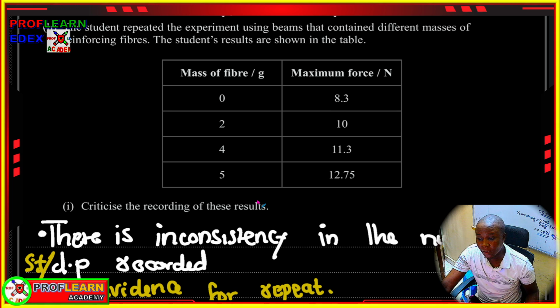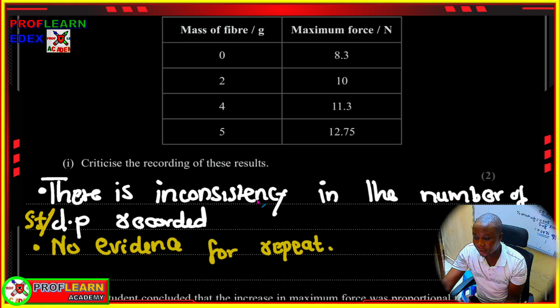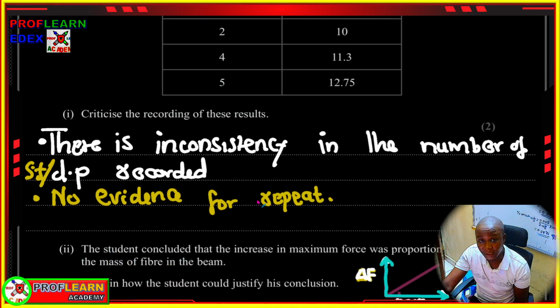Also check if there's evidence for repeat of data, so that you are able to analyze. In this case, you can see the number of decimal places recorded is not consistent. The number of significant figures is also not consistent. There is no evidence for repeat of the data. And then from there, we are fully criticizing the data.